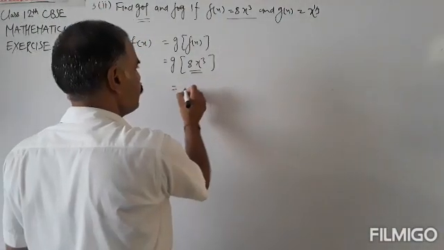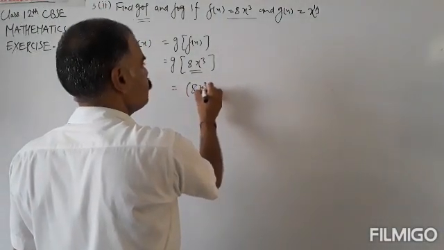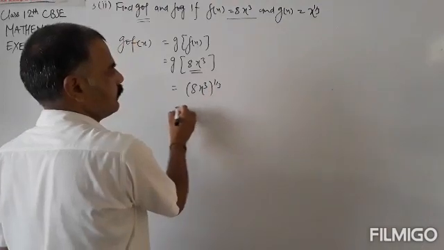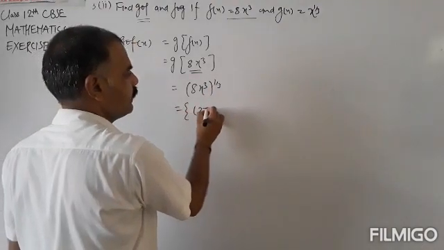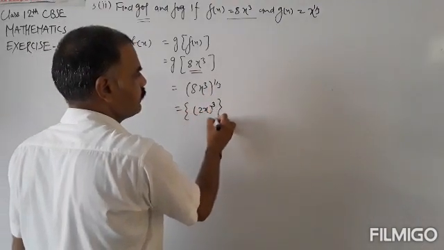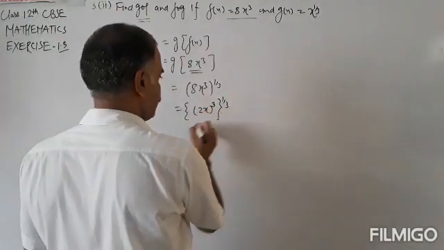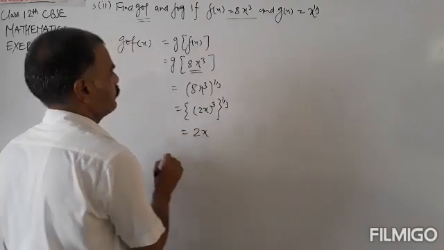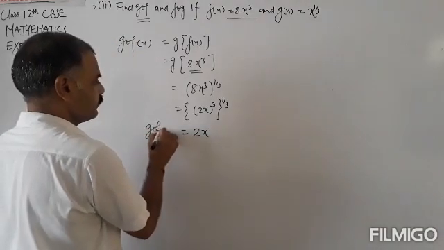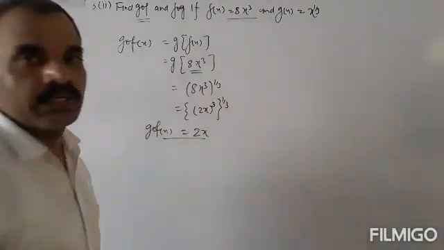So this equals (8x cube) to the power 1 by 3. And 8x cube can be written as (2x) to the power 3, to the power 1 by 3. The 3 will cancel the 3, and this equals 2x. So g o f of x equals 2x.